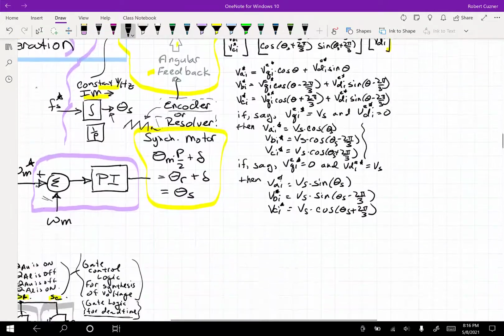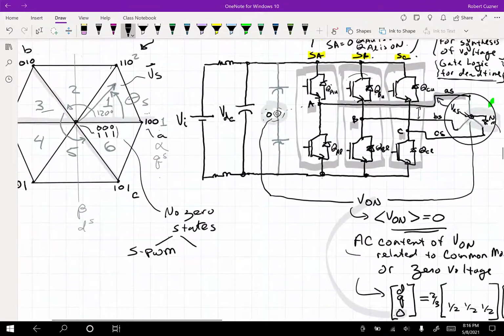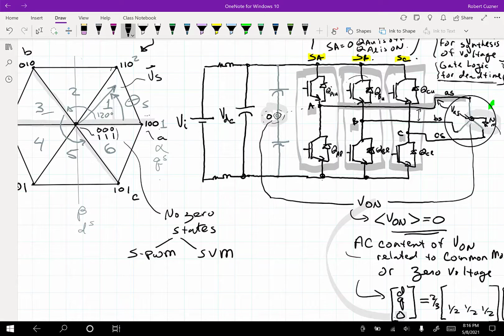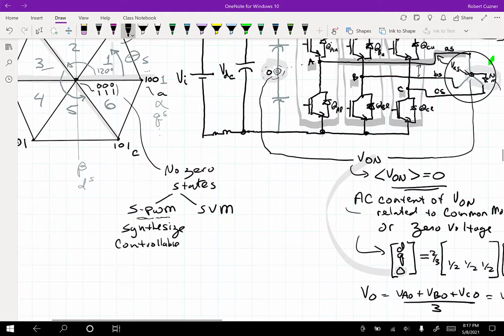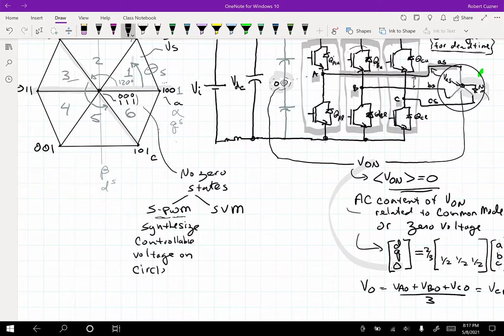So we talked about those two PWM methods, and with either method, if you just let them naturally run against the references, if you have the sinusoidal PWM method, you are only able to synthesize controllable voltages in a circle fitting within the hex that I've shown here, the hexagonal shape.